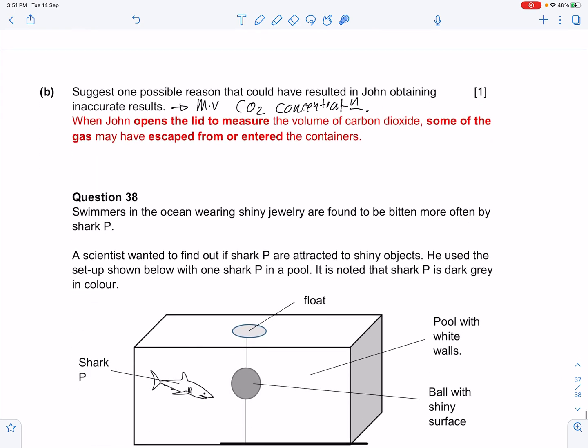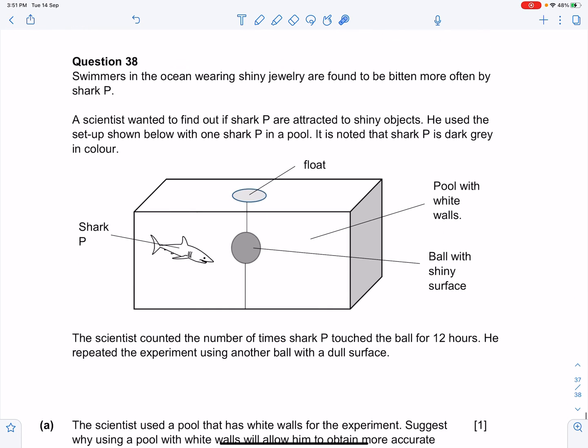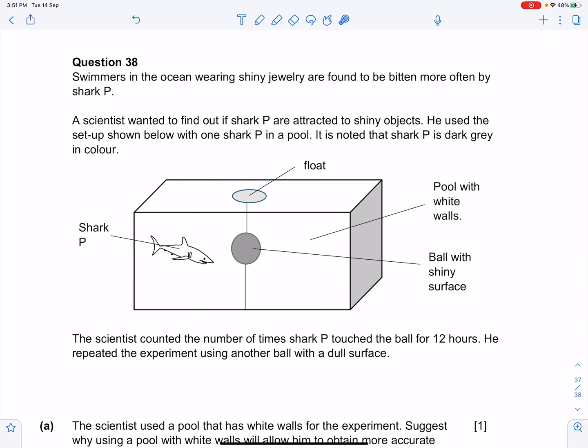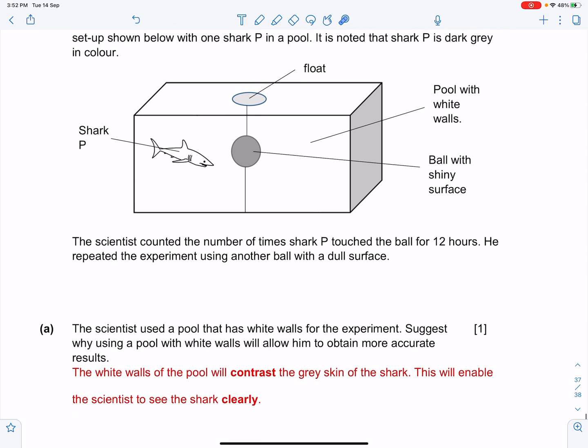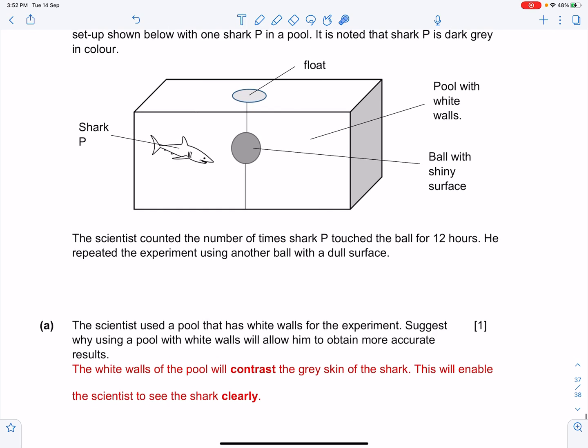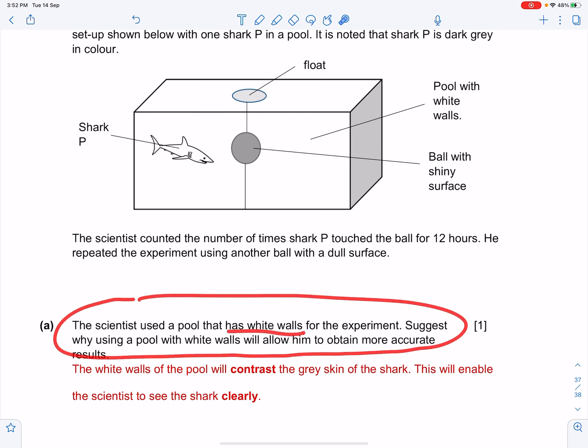This shark question once again, just in case you didn't know, was adapted from your mosquito question. I designed it in a way that I didn't want to plagiarize the PSLE, so I changed some things. The question asked you, scientists use a pool that has white tile walls.